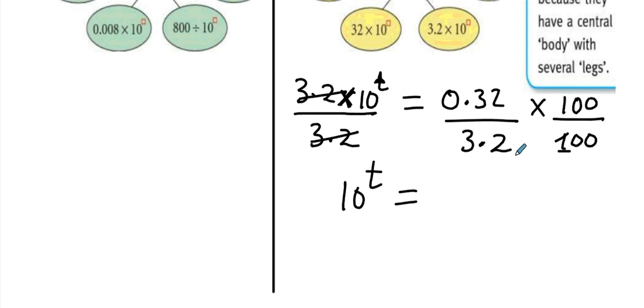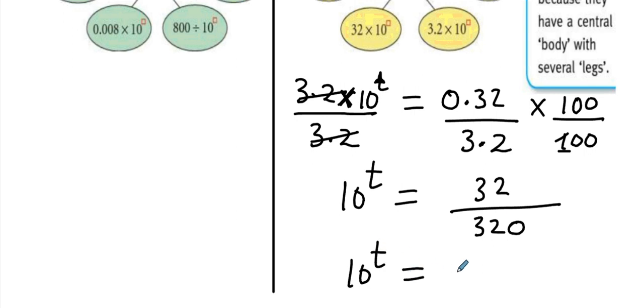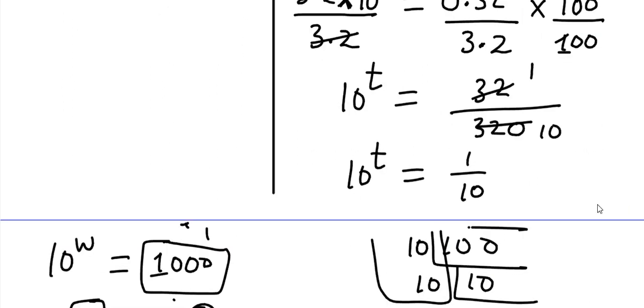See that? So 0.32 times 100, you know the answer is 32. 3.2 times 100, the answer is 320. So 10 to the power of t equals 32 over 320, which is 1 over 10. Now remember what we discussed?